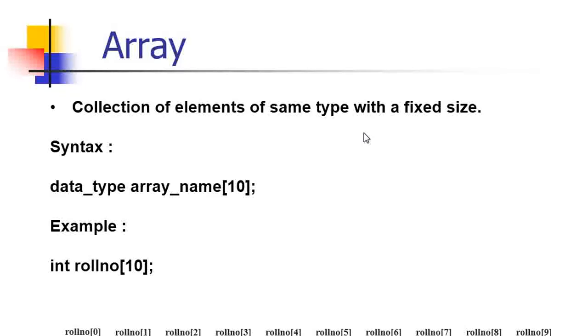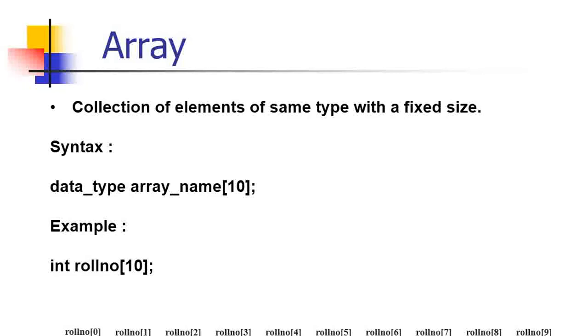And in an array, the type of the data elements is the same for all. We have already specified it here as int. So these are the elements: roll number of 0, roll number of 1, roll number of 2, roll number of 3, 4, 5, 6 up to 9.